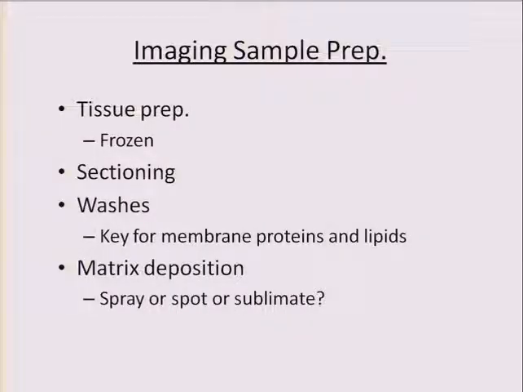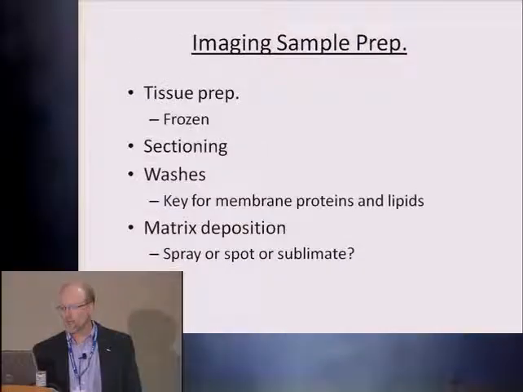So, as I mentioned, most of the tissues that we work with are frozen, and we take frozen sections, 10 to 20 micron thick sections, and the washes are very important. As you've heard multiple times this morning, the sample preparation is absolutely essential for making this work and getting information that's useful.